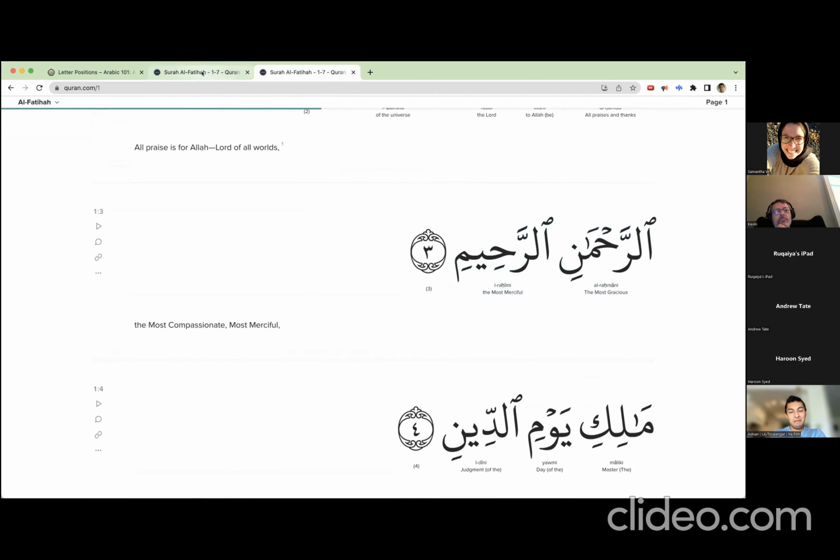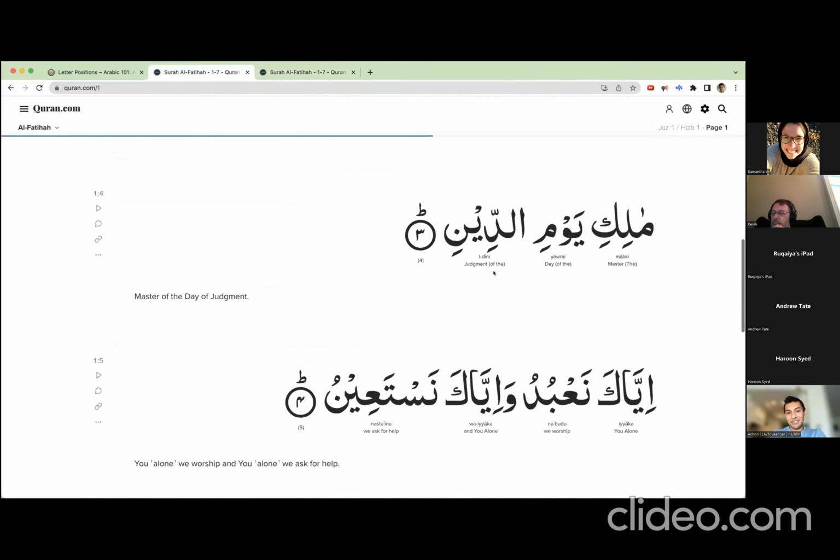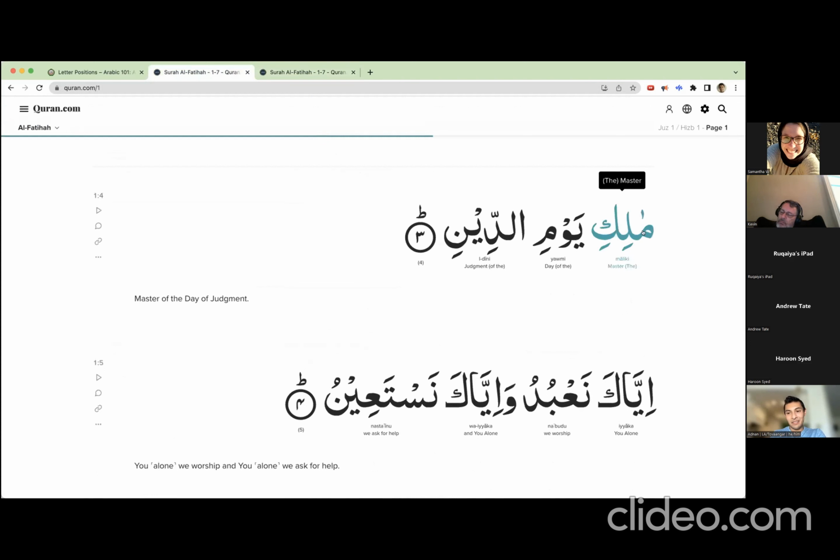Okay. Then the next verse. What is this? Meem. Meem with a dagger aleph on it. Right. Ma. Lam with an i on it. And then this is a kaf at the end of a word. Maliki.